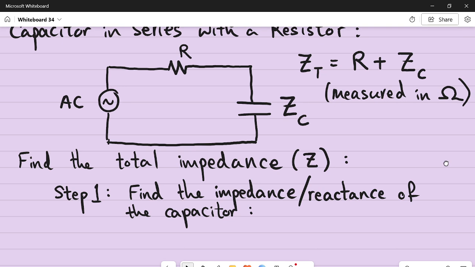Which is the ZC, yeah? Or in fact, so can you scribble this for me? Sorry, just use XC for now. XC, okay?